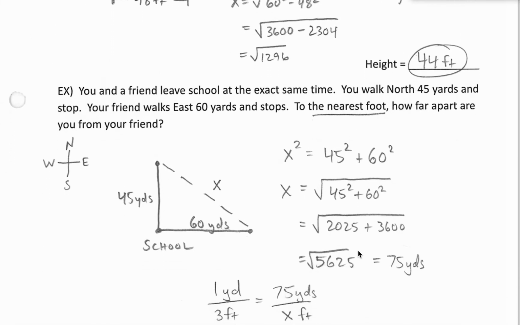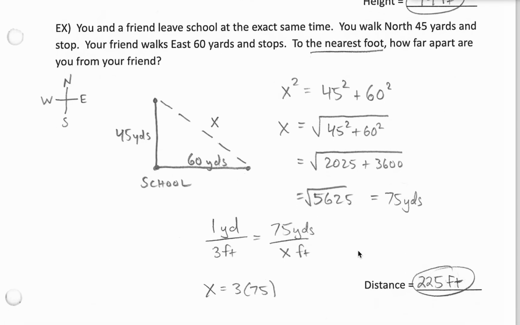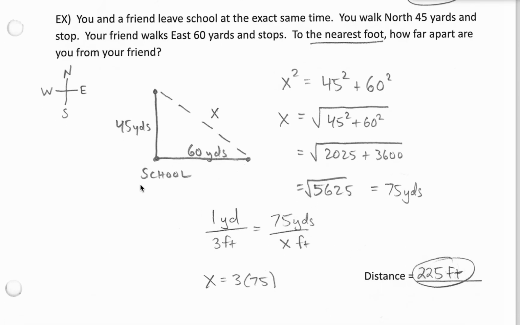One more example here. That last example was using a vertical length. This time we can imagine we're taking a bird's eye view of something and finding a horizontal length. Let's pretend that we are leaving school with a friend and we are walking 45 yards north straight up. Our friend is walking 60 yards east or to the right.